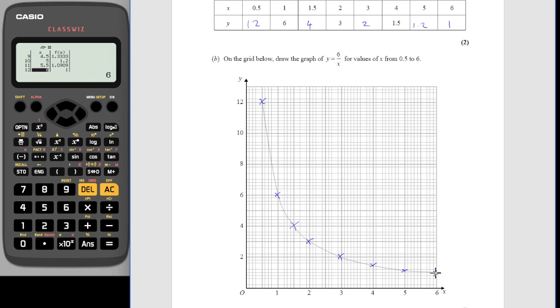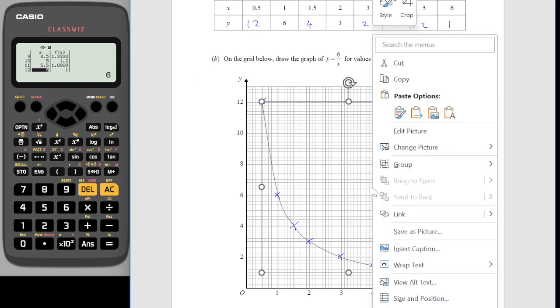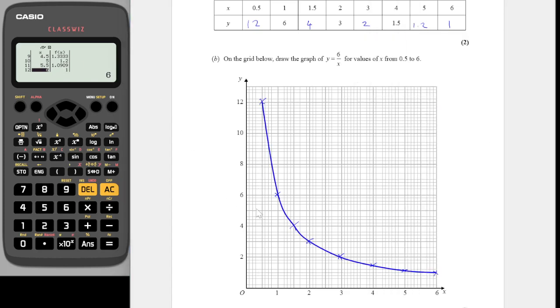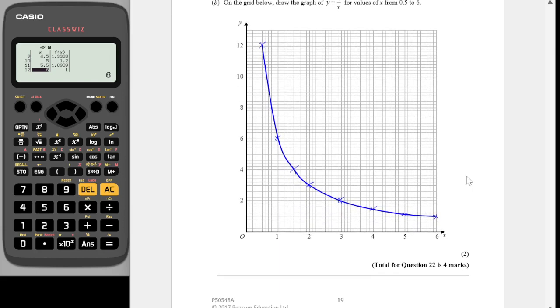Then double click on the final one. I want to just change that slightly. So I've just changed the colour of that. You can see that I'm slightly out with my curve here. I've plotted that, ever so slightly, probably the wrong point, but that's absolutely fine. That looks good. So that's how we draw that.